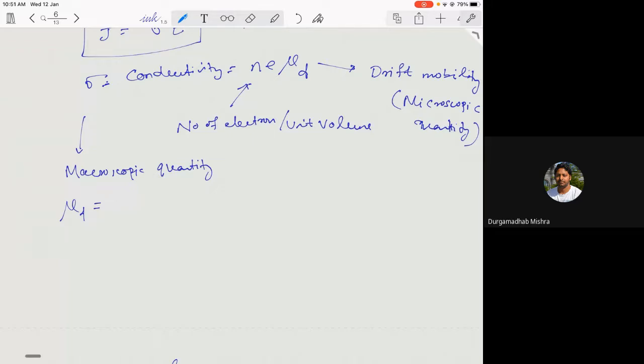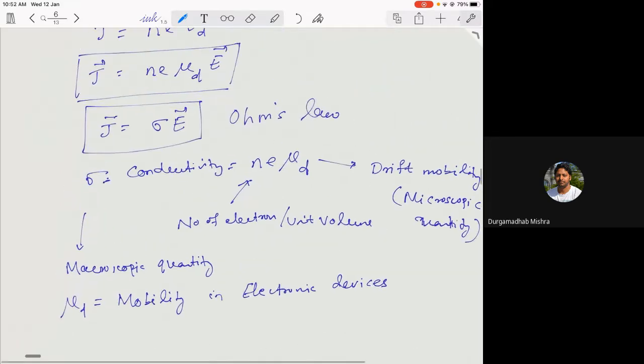Particularly when we talk about mobility in electronic devices or semiconductor devices, this mu D, or the mobility, is a very important parameter. It tells how fast the charge carrier, let's say the electron, will move in the presence of an external electric field. How fast or how slow?